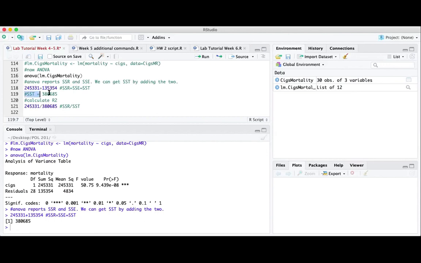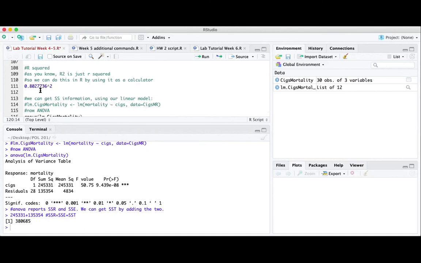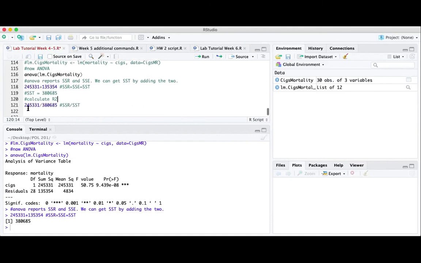380,685, right? So this is SST. So now we can use the information from the ANOVA table in order to get our R squared value. SSR over SST is R squared.